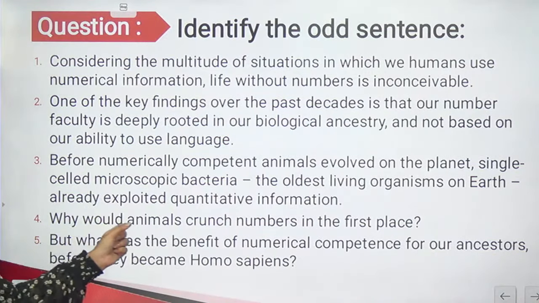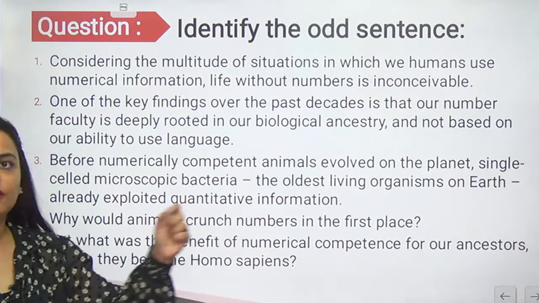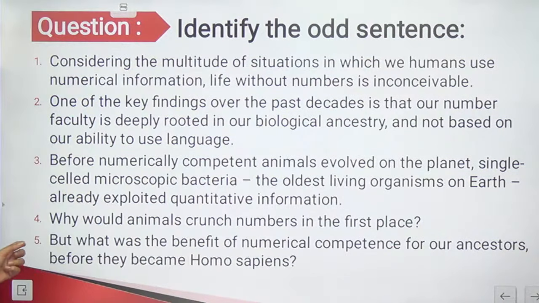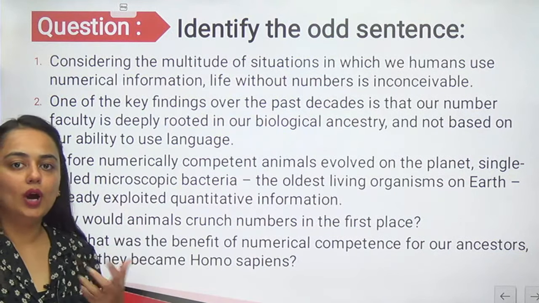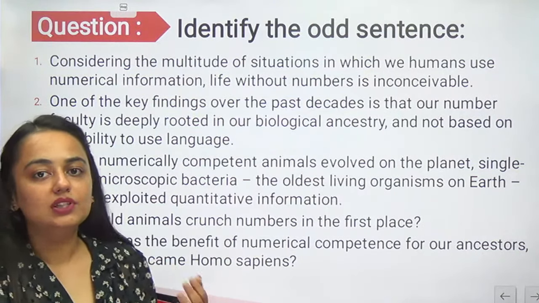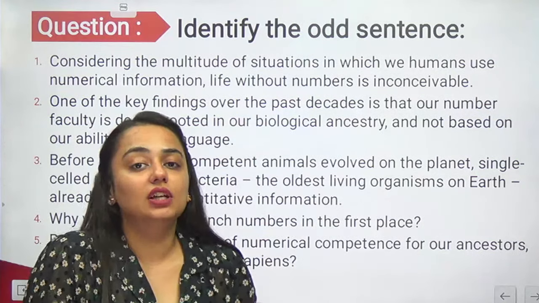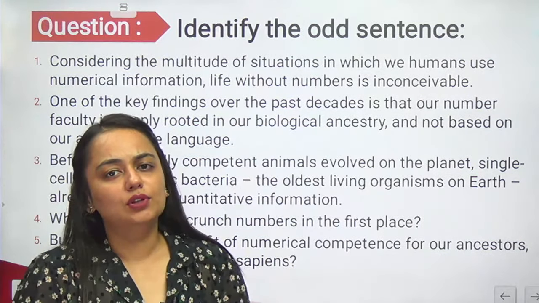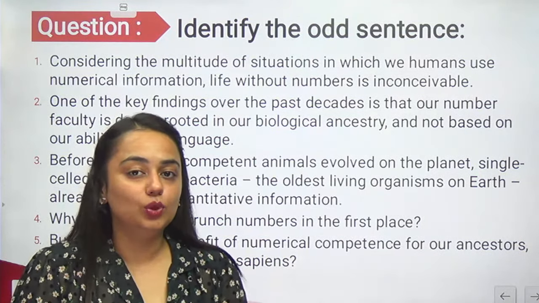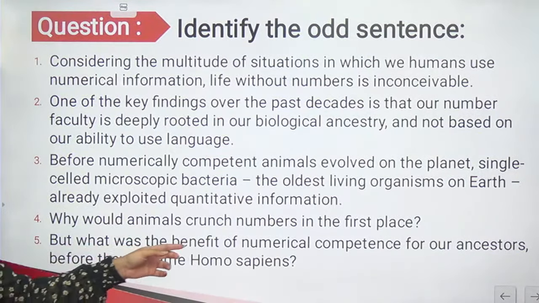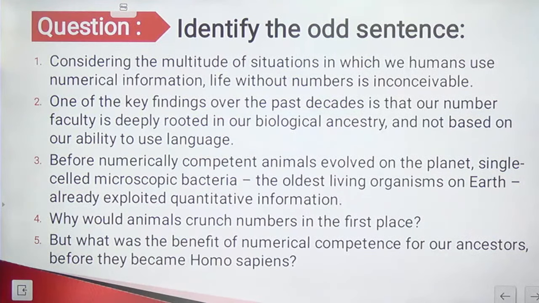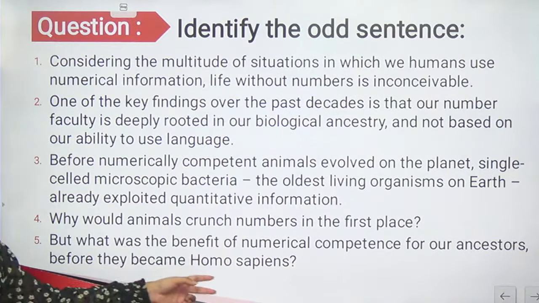Why would animals crunch numbers in the first place? So the author is speculating on why animals, even before discovering language, were able to deal with numbers, crunch numbers. But what was the benefit of numerical competence for our ancestors before they became Homo sapiens?